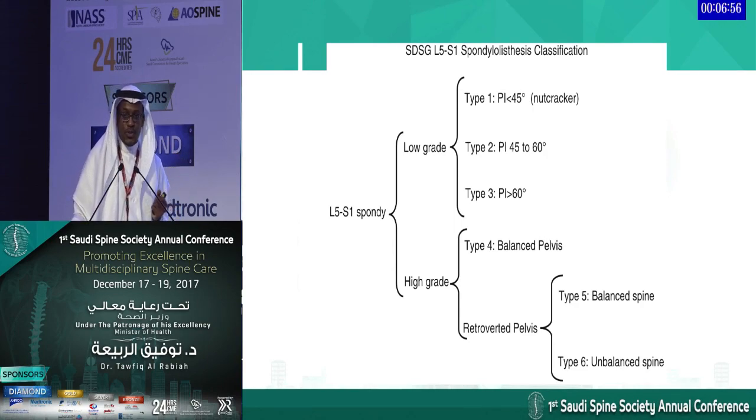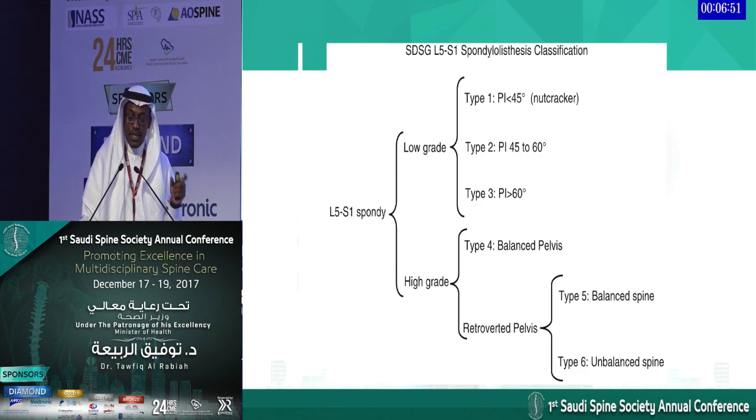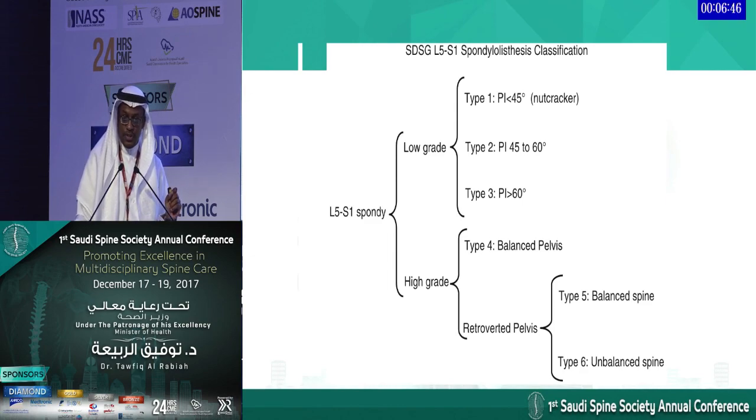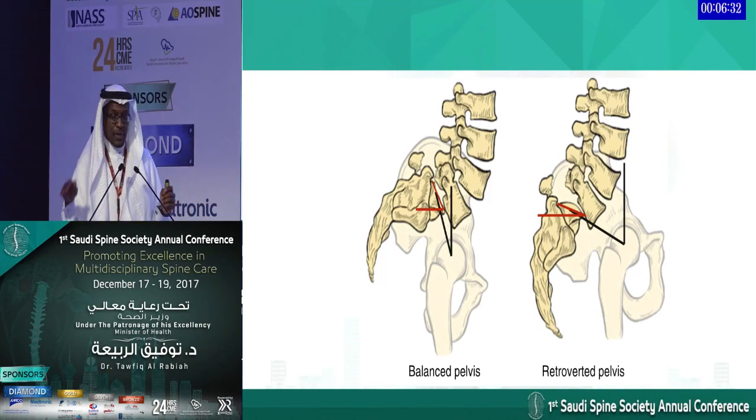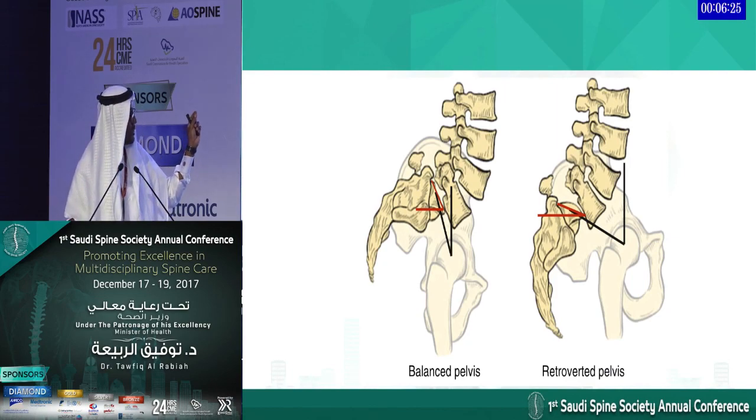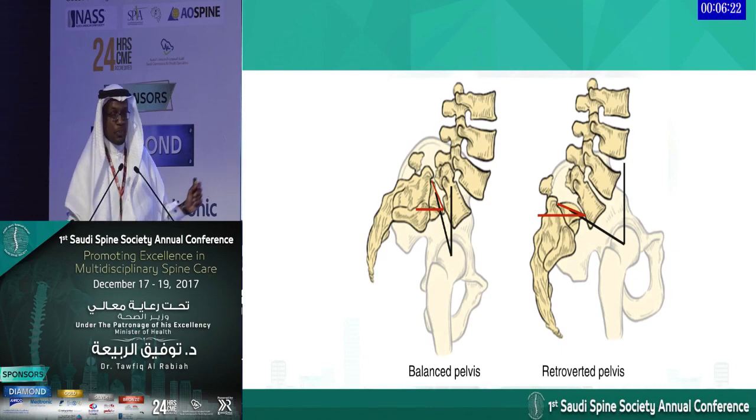If you go into patients who have higher-grade spondylolisthesis, they found two types: patients who have a balanced pelvis and patients who have a retroverted pelvis. Those who have a retroverted pelvis have the spine balanced or unbalanced, and I'm going to show you what we mean by that. If you look at the lateral x-rays of a patient with high-grade spondylolisthesis, they could have an anteverted pelvis, a high sacral slope like the shear type, and a low pelvic tilt, so this is called a balanced pelvis.